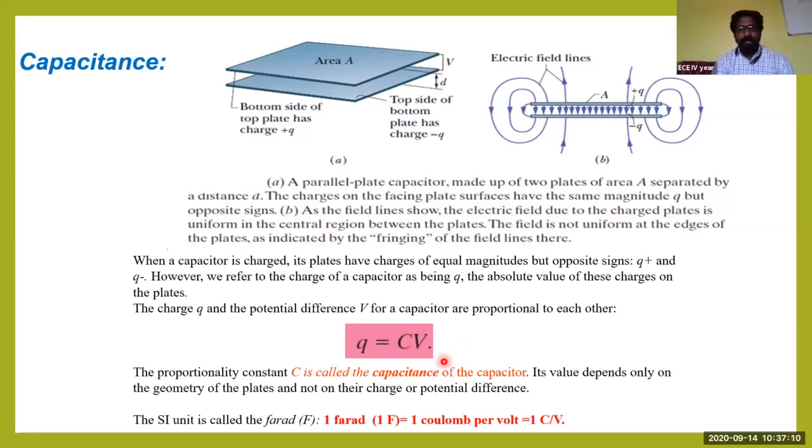The unit of capacitance is the farad: 1 farad equals 1 coulomb per volt, that is 1 C/V. This is a small formula for calculating capacitance in circuit calculations.